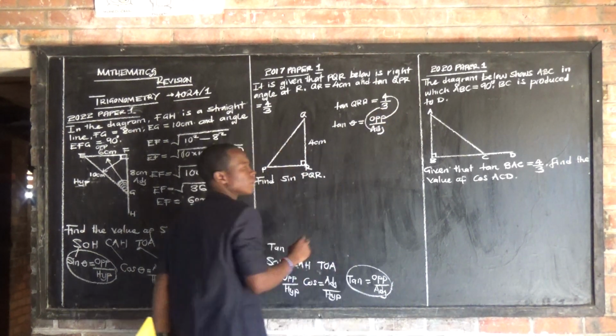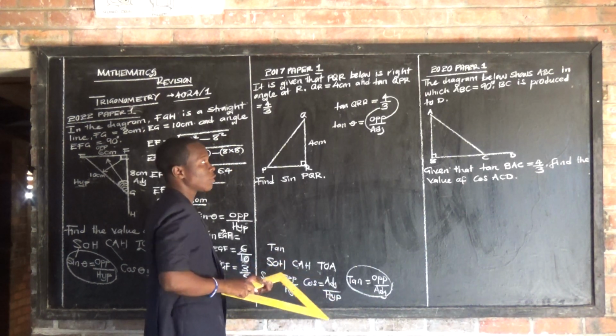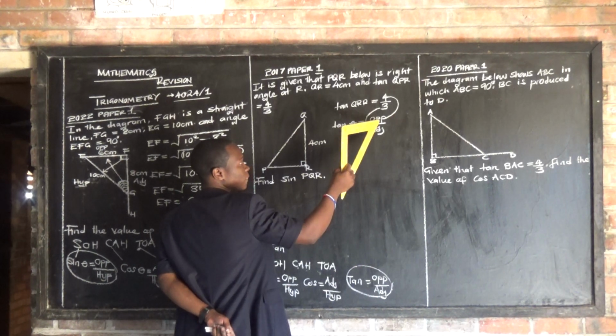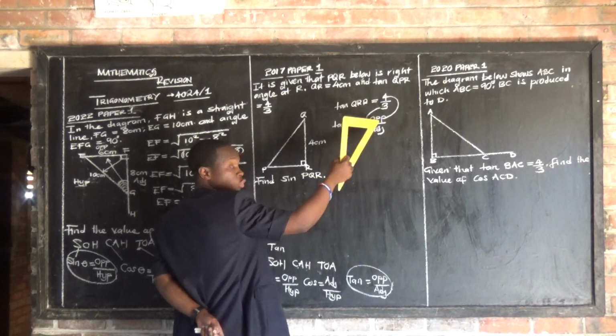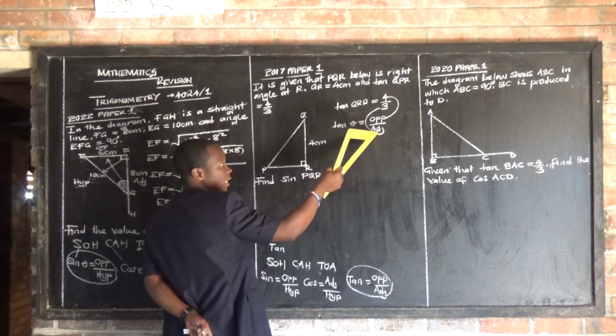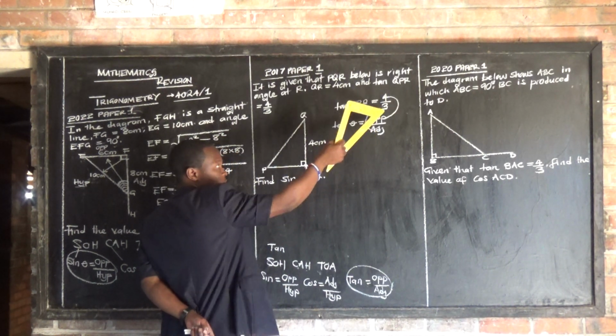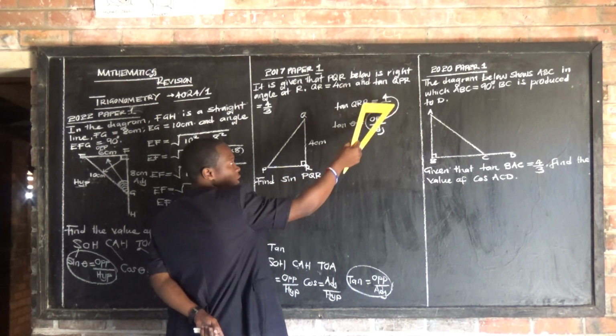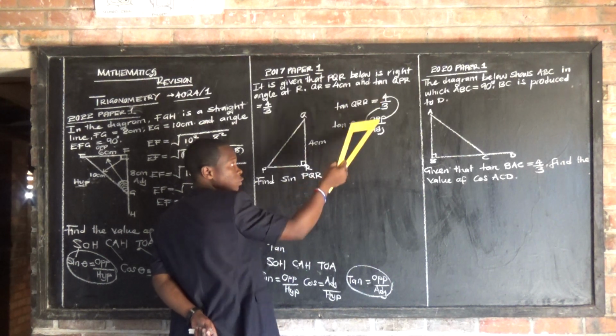Is it okay with you? According to what you have been given. Remember the opposite is on top, right? And 4 is on top. Then adjacent is just the denominator, and our denominator is 3. So our adjacent is 3, opposite is 4.